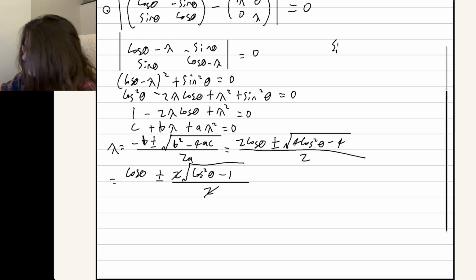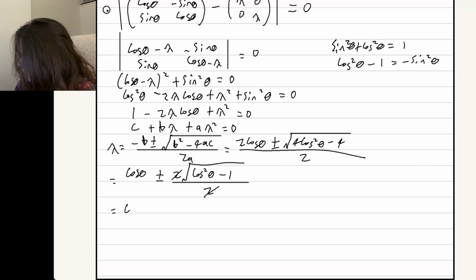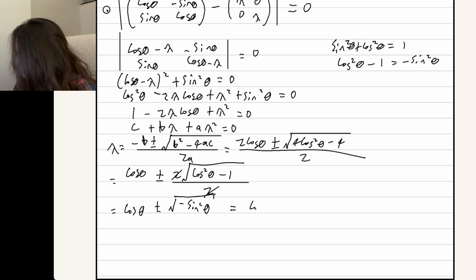You can again use the sine squared plus cosine squared theta equals 1 identity, but instead rearrange it for cosine squared theta minus 1, and that's going to give you minus sine squared theta. So we actually just have cosine theta plus or minus the square root of minus sine squared theta, which means the square root of that is going to be cosine theta plus or minus i sine theta.